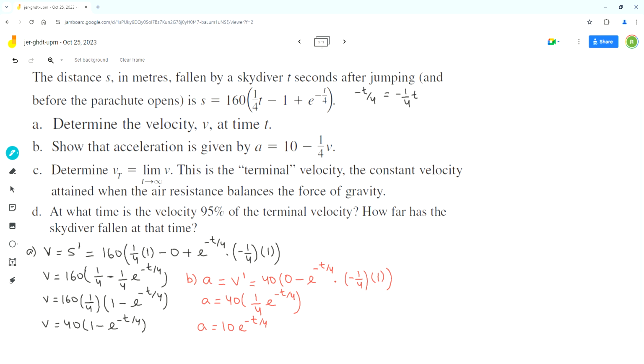We can use a different color. So 10 minus 1 over 4 v can be written as 10 minus 1 over 4, and the v expression we got is 40 times (1 minus e to the power negative t over 4).